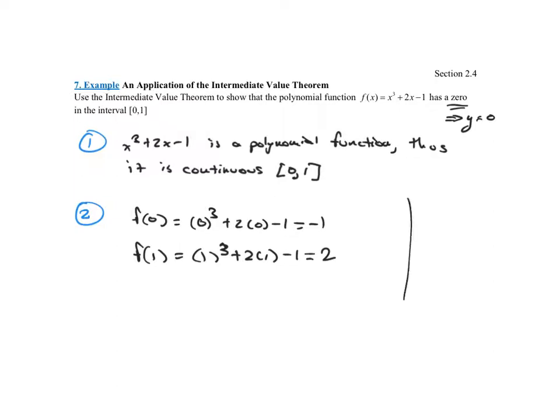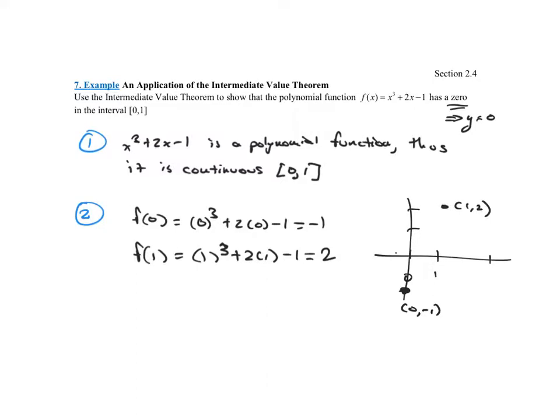So what we're looking at here is an x value of 0 and an x value of 1. We have a y value of negative 1, so here's the point 0, negative 1. We have a point 1, 2 right here.